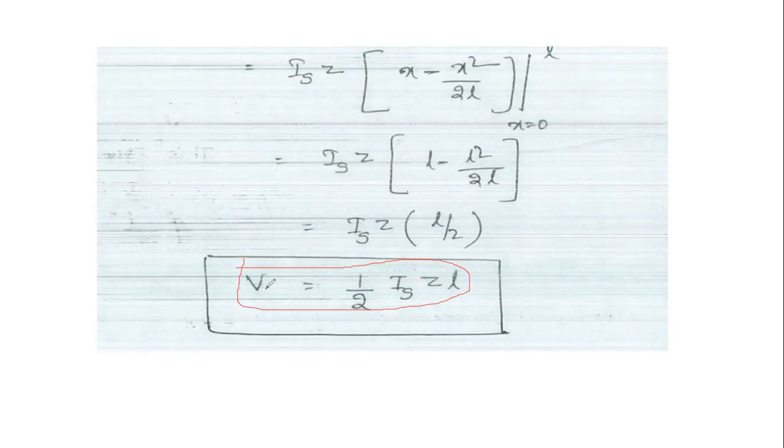Therefore the total voltage drop Vd is equal to half into Is into Z into L.